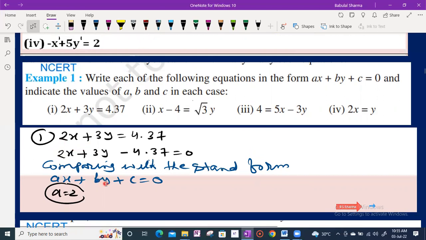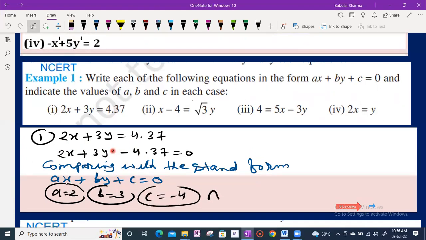The coefficient of y is b. Here the coefficient of y is 3. So b is equal to 3. And here the constant term, जिसमें x और y नहीं होता है, ये constant term है, that is c, and c is -4. So we can write c is -4.